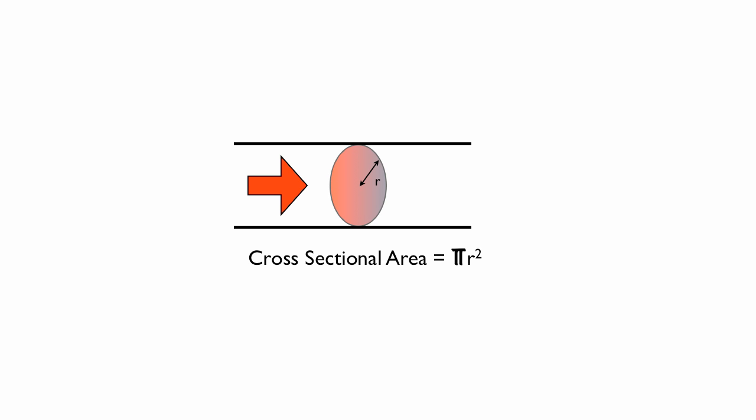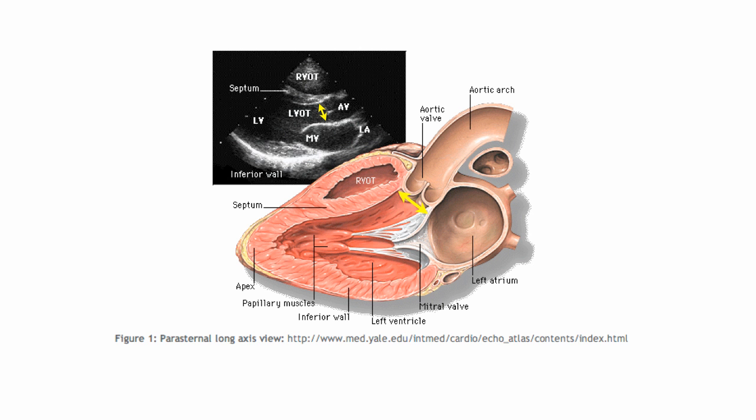The cross-sectional area is fairly easy, just pi r squared based on the radius, and this is measured at the aortic root, just at the base of the cusps of the aortic valve, where you measure that diameter and get the radius and work out the cross-sectional area. This is in the parasternal long axis view on the transthoracic echo.